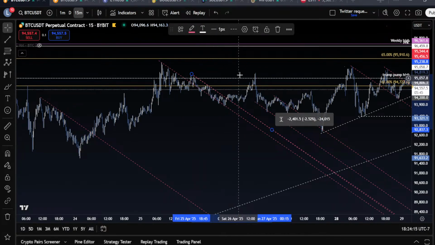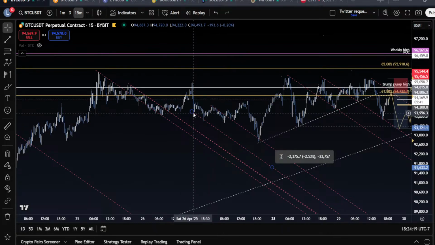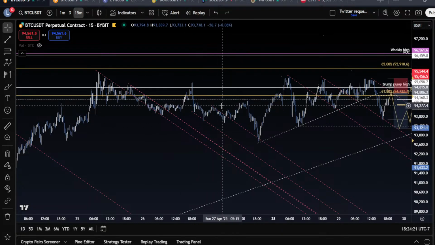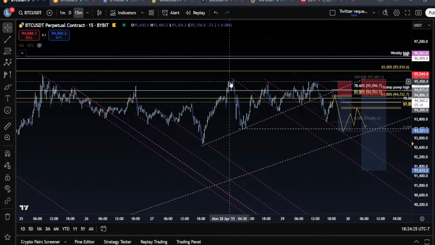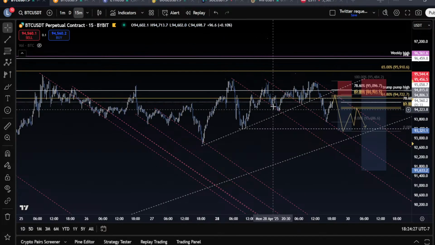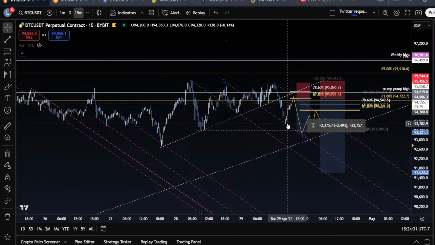A little bit of almost a channel forming there. It's pretty close to the trend angle here, it's pretty close to the trend angle of this. And even our lower pivots are bouncing off of these trend angles from the highs.